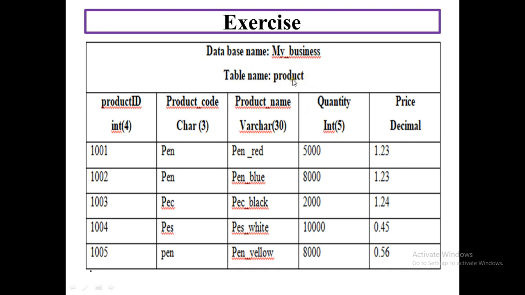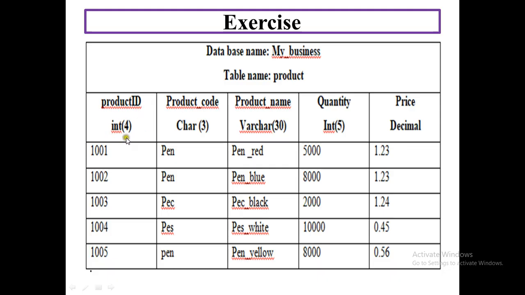The product table has product id, product code, product name, quantity, and price. And these are the data types for these fields.